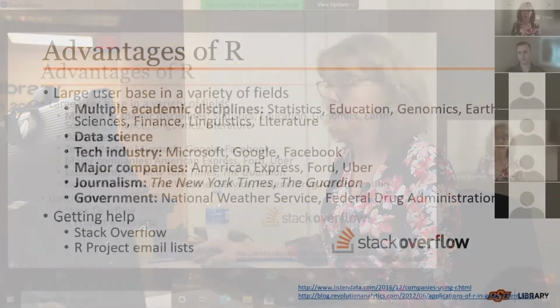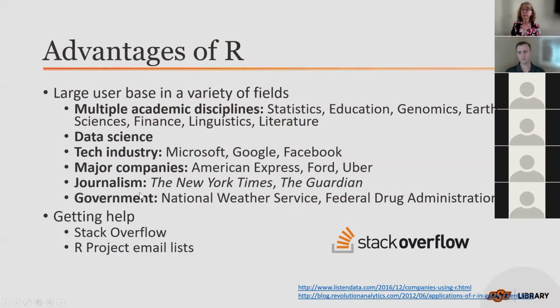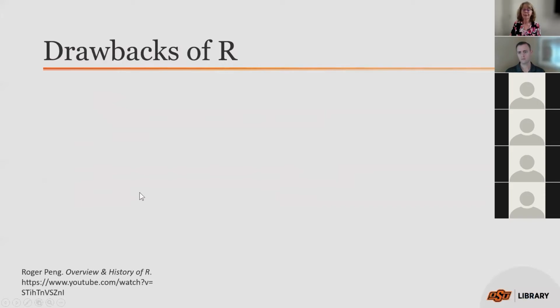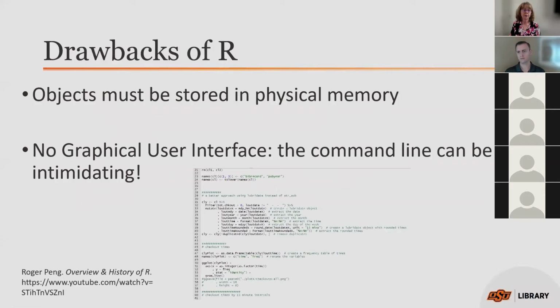One of them is Stack Overflow, which is a web-based community expressly for sharing information about different software platforms. Or there are a lot of listservs and emails out there for, again, different communities inside of R and sharing information.